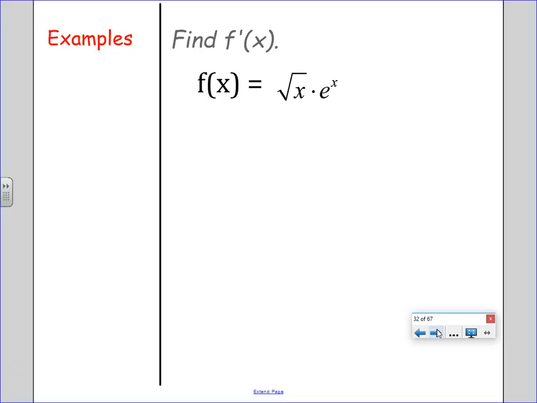How do you start from the beginning? Who's the first? Who's the second? Use the rule. But if you want, could you rewrite just a little bit first? Maybe not a bad idea if you're not so good at the whole square rooty thing yet. Because it's really just a fractional power. Now go.